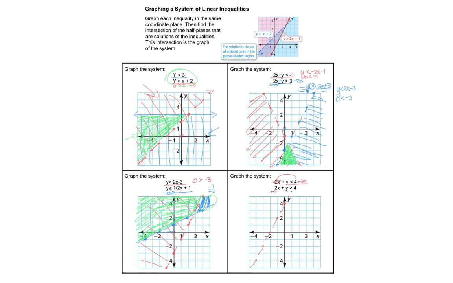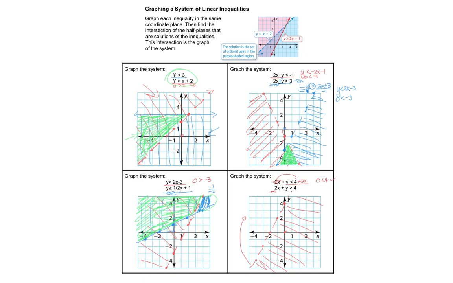It says y is less than. So think of your line as on a spinner, and if I spin this end up, then this would be underneath. Or if I put the test point 0, 0 in, is 0 less than 4 plus 2 times 0? Yes. So this side's true, so I shade true.